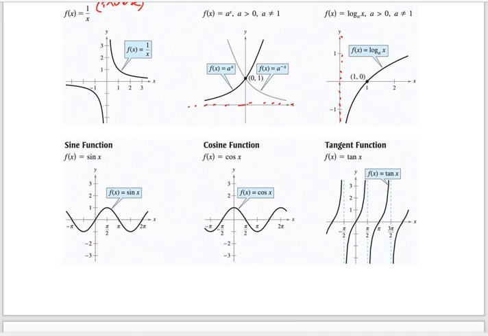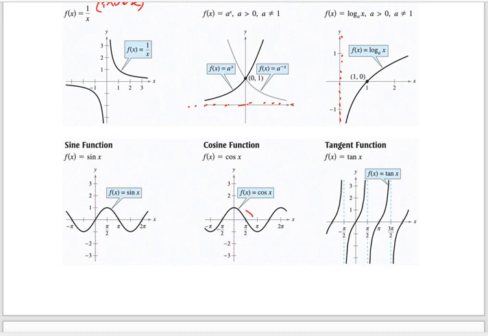Trigonometric parent functions, sine function and cosine functions are wavy shapes. This wavy figure goes on forever. The sine function is passing through the origin. The cosine function is passing through 1 on the y-axis. Tangent function is different than these sine and cosine functions. It is like cubic function, the repeating cubic function.